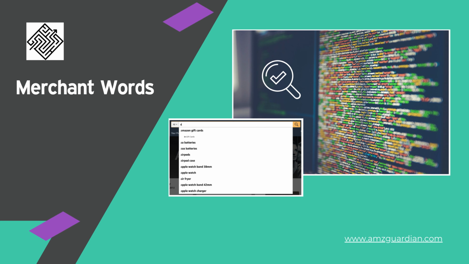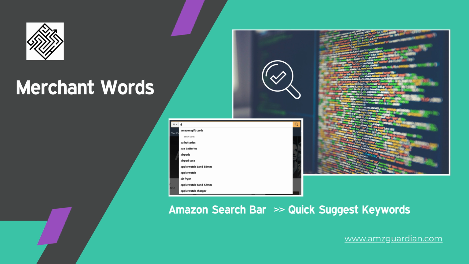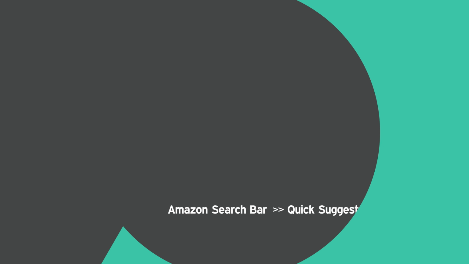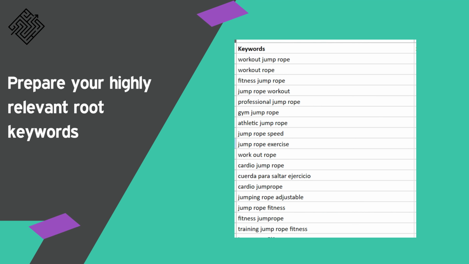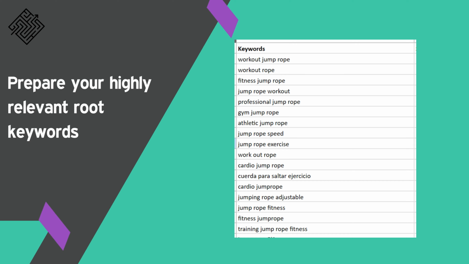Merchant Words data comes from the Amazon autocomplete search bar with quick suggest keywords for products that shoppers are buying or looking to purchase, and it provides search volume. So to begin, you must make sure you already have your highly relevant root keywords ready.